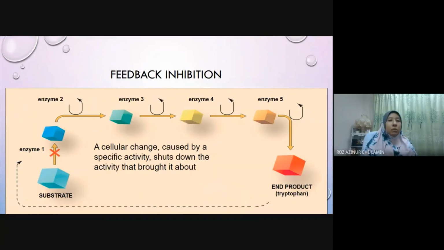So the whole process of the enzymatic reaction will be shut down and no more product will be produced by this reaction. So this is what we call feedback inhibition, when the excessive product itself can inhibit the reaction itself.